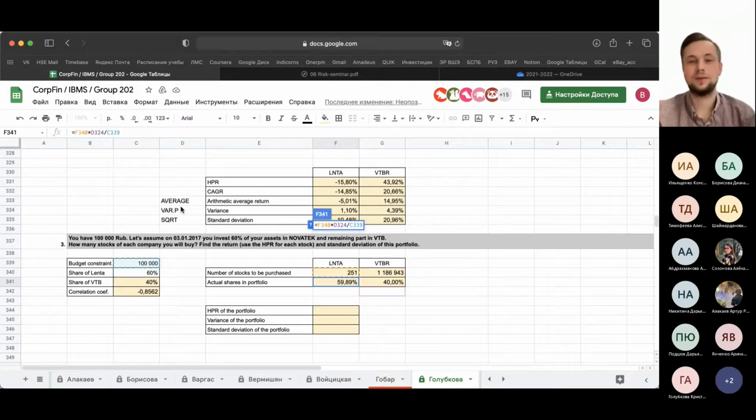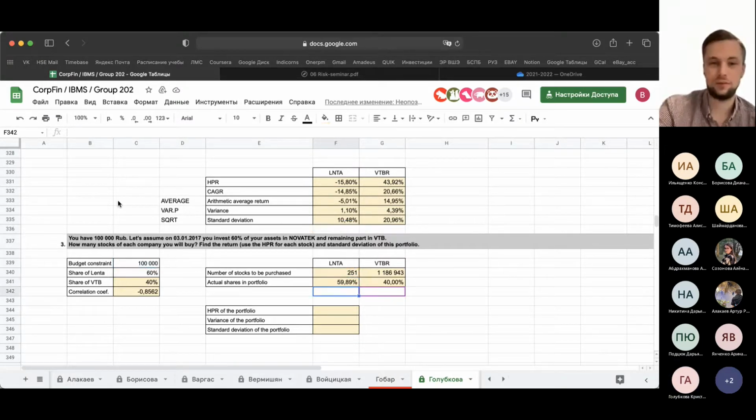Well, as I have said, we haven't spent all this 100,000 rubles on the stocks, right? So why should we divide by 100,000? Maybe it's better to calculate how much we actually invested in the portfolio.